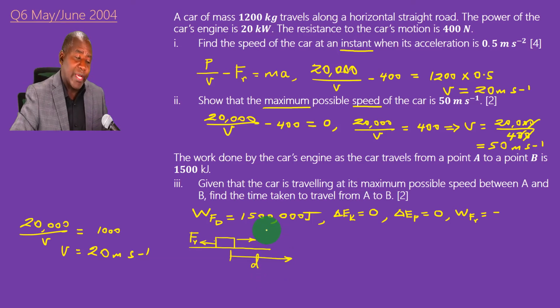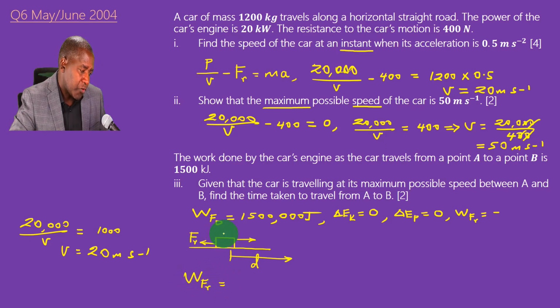You can see that when we calculate work done by a force, the force and the distance must be in the same direction. So in this case, I'm forced to resolve this force in the direction of the distance. And you can see they are separated by 180 degrees. So I'm going to get FR cos 180 degrees times D. The cos 180 degrees is -1.